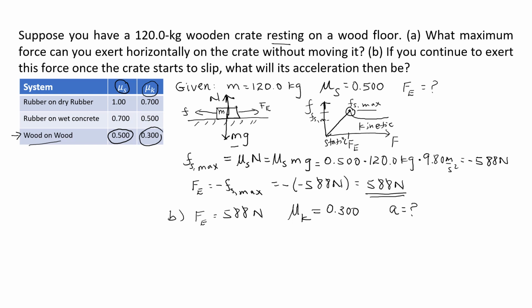Alright, so what is the net force here? F net is going to be the exerted force, F sub E, this value here, minus F sub K. Fe is known, and F sub K is mu sub K times mg.